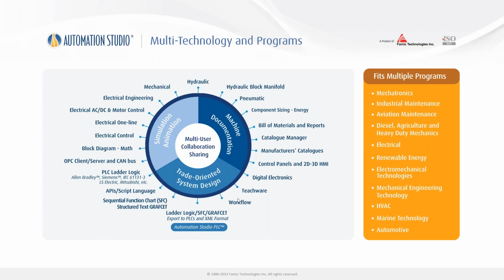Also we have different types of PLC ladder: Bradley, Mitsubishi, Siemens, LS Electric, and many more. We also have sequential function chart, that is SFC, and GRAFCET. Then we have OPC client server and Canvas, which is supported in Automation Studio to connect your actual hardware trainer kit with Automation Studio. Then we also have electrical AC/DC motor control and electrical engineering.